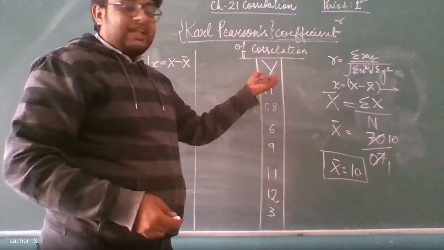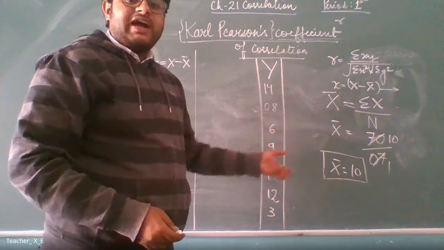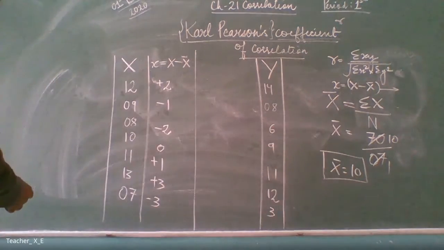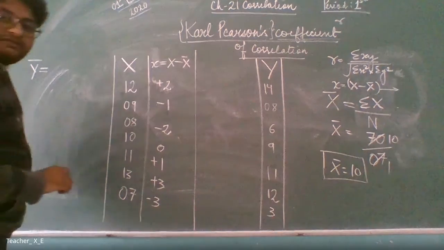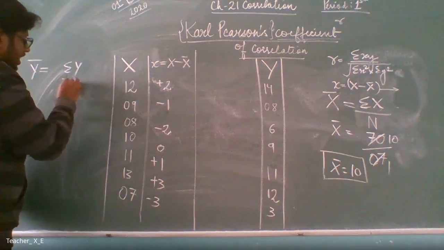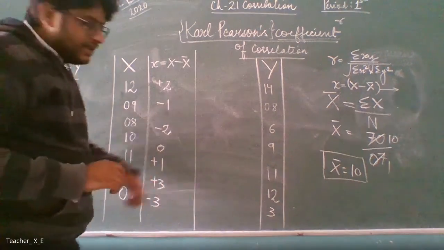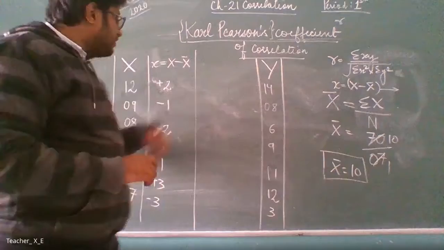Likewise, to get the deviations of the y series, we have to calculate the mean of the y series. We apply the same formula: y bar is summation of y upon n. N is the same, 1, 2, 3, 4, 5, 6, 7.